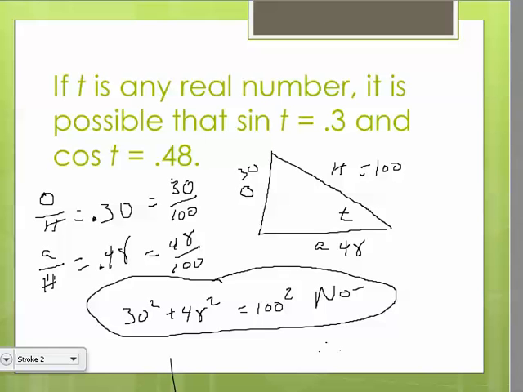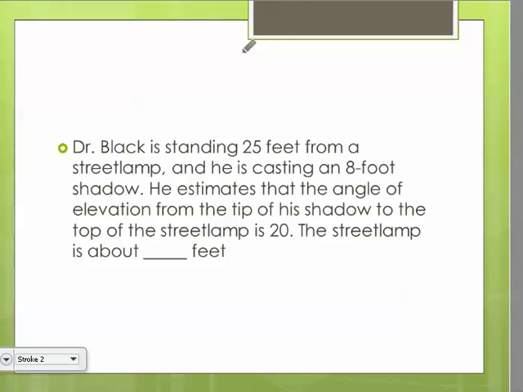Okay. Dr. Black is standing 25 feet from a street lamp. This is where I drew a street lamp. And I drew a picture of Dr. Black over here in his little beanie hat.